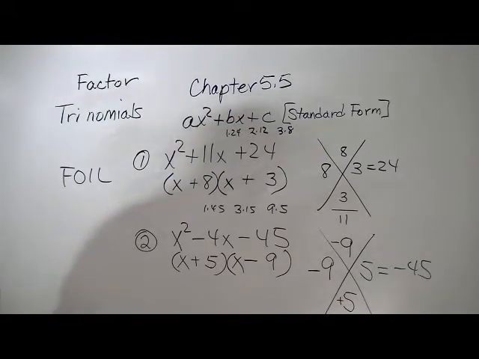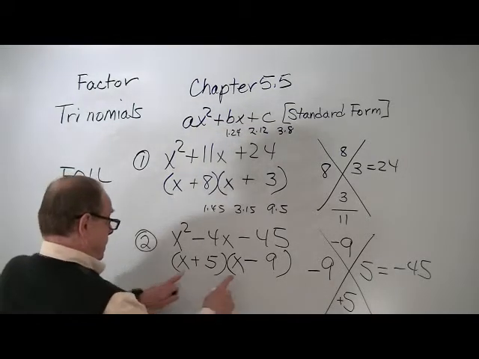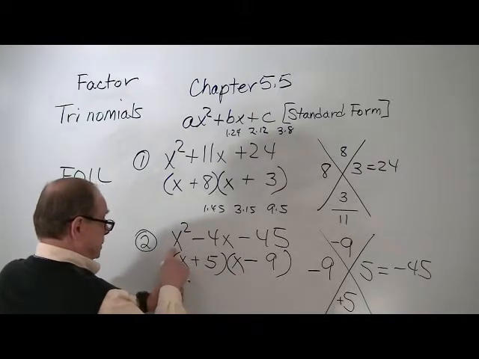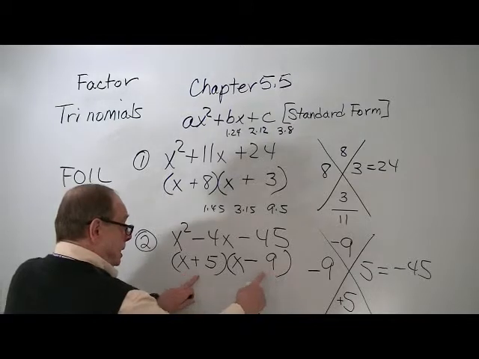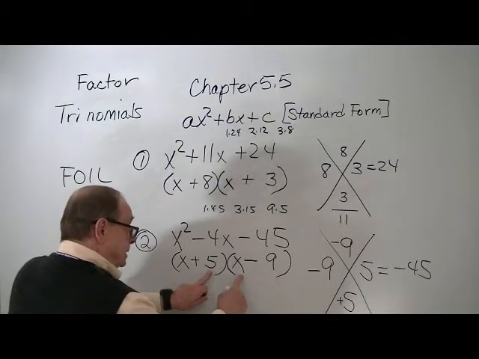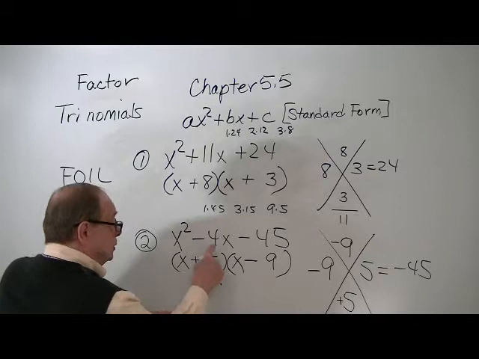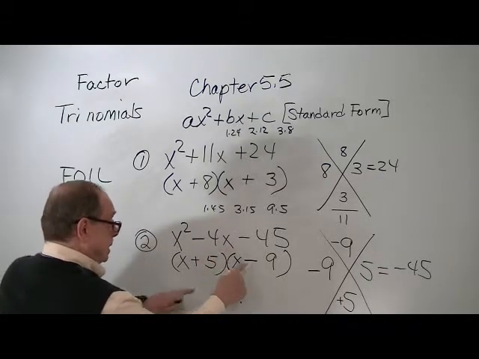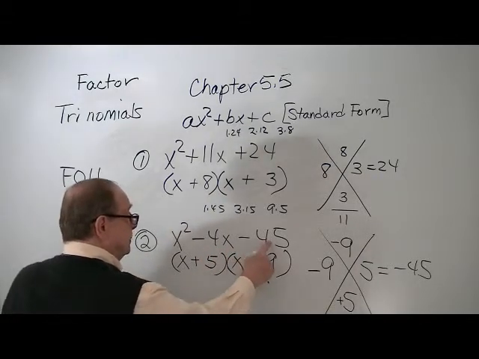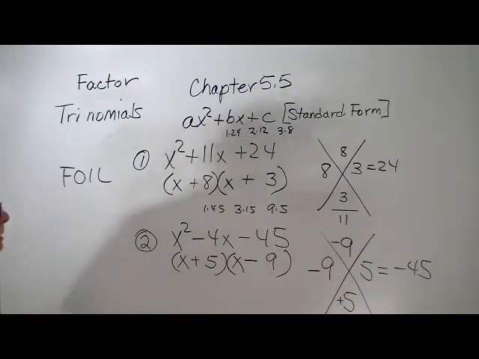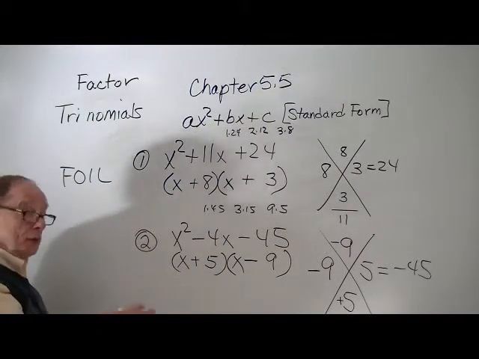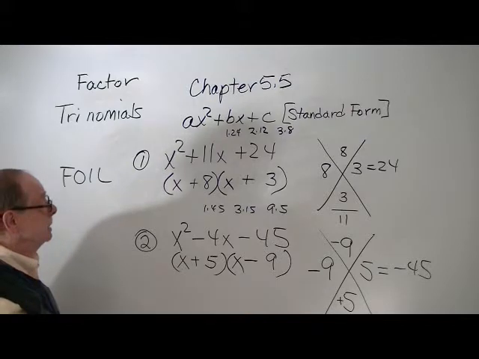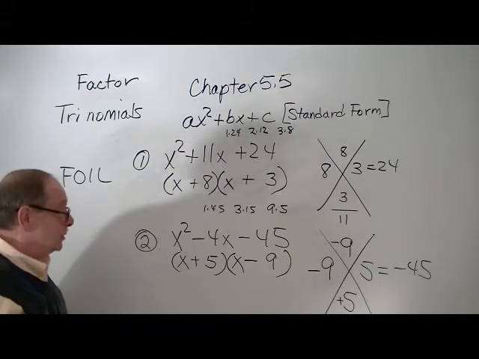And again, you check it by FOIL. First, x squared. Outers, a negative 9. Inners, a positive 5. That adds up to a negative 4x. And then our last, a negative 45. So that works out very well. And again, by checking it by foiling, you are reviewing an important skill and ensuring that you're going to get the right answer.